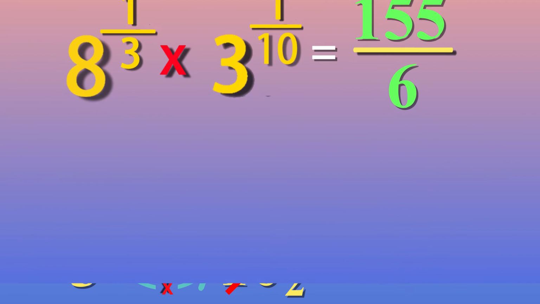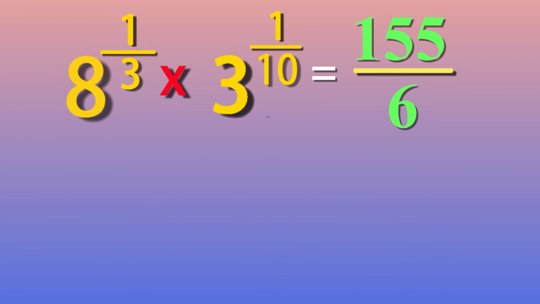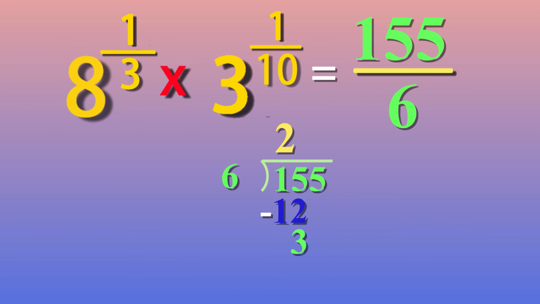For step 3, we now convert back to a mixed number using division. 6 goes into 15 2 times. 2 times 6 equals 12, and we subtract 12 from 15, that leaves 3, and we carry down the 5. 6 goes into 35 5 times, leaving a remainder of 5.